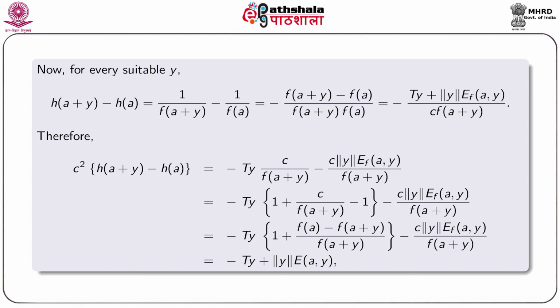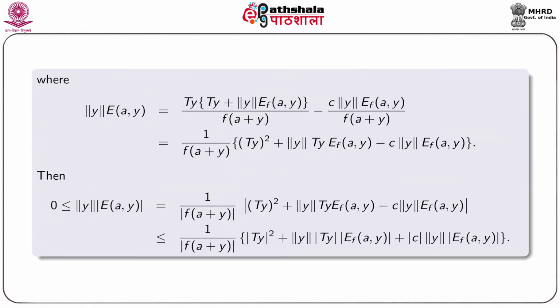So, gradually we have minus T y multiplied by 1 plus f(a) minus f(a+y) divided by f(a+y), minus c times norm y E_f(a,y) divided by f(a+y). Let us denote this by minus T y plus norm y E(a,y).